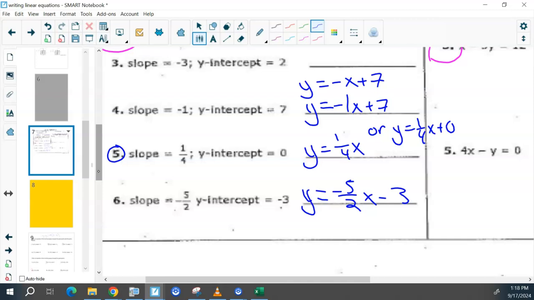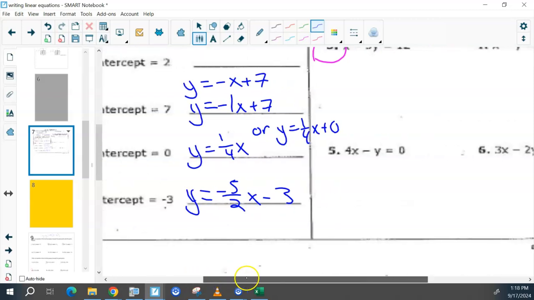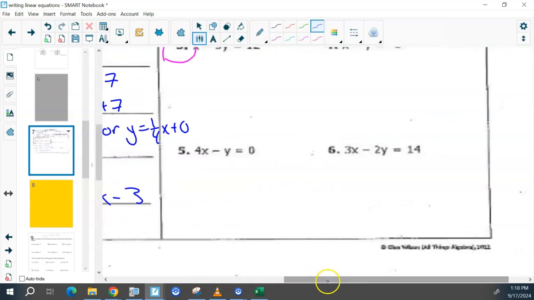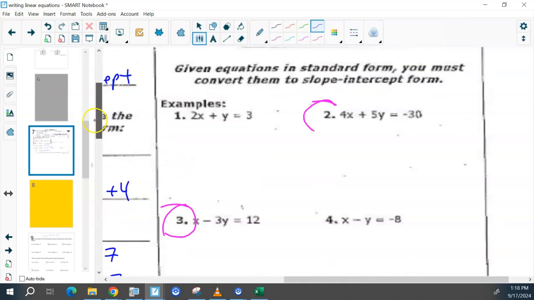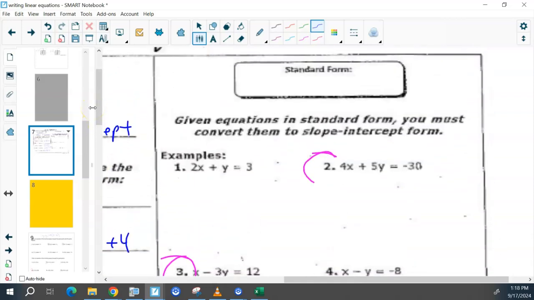Okay. The right side, we did this last class, but as a good refresher, we're going to do it again. So this side is in standard form, ax plus by equals c. Don't need to memorize that, but you need to be able to recognize it. And we're trying to get y by itself to get it back in slope-intercept form.